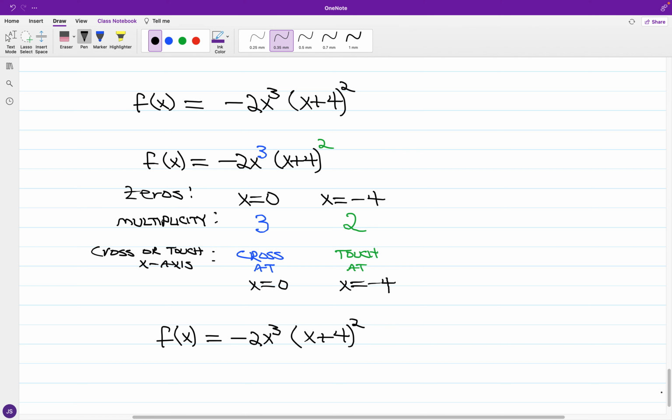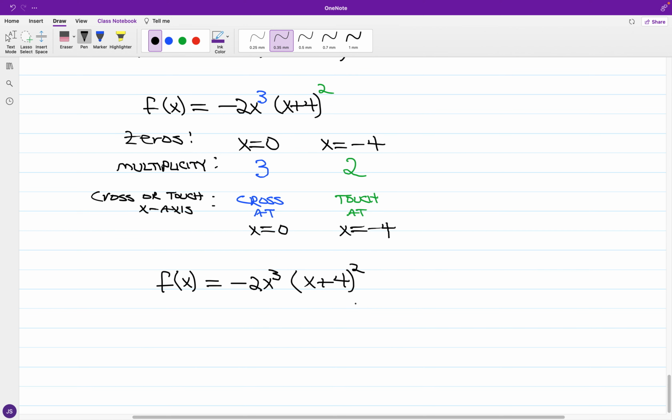if we're looking for the end behavior, we should be able to configure what the highest order term is going to be. So we have the factors. First of all, at the front we have negative 2x cubed, and so you're going to include not just the variable factor, but any coefficients that might be in the mix.